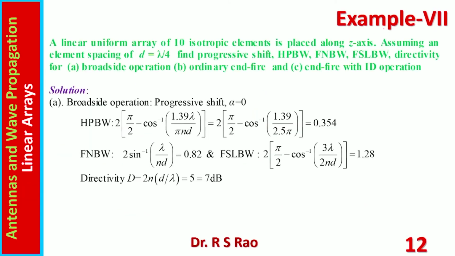Now we consider another problem, example 7. A linear uniform array of 10 isotropic elements is placed along the z-axis.